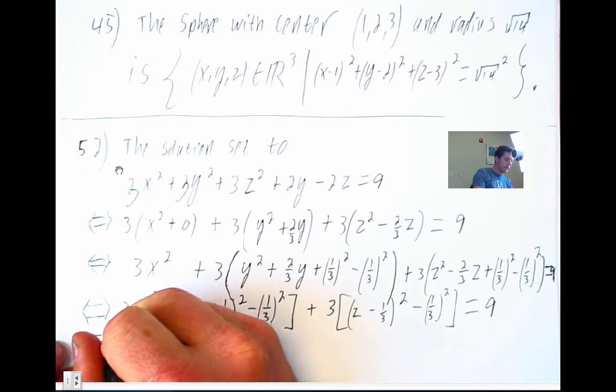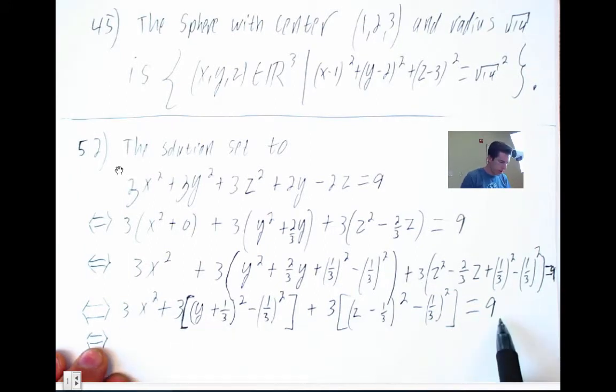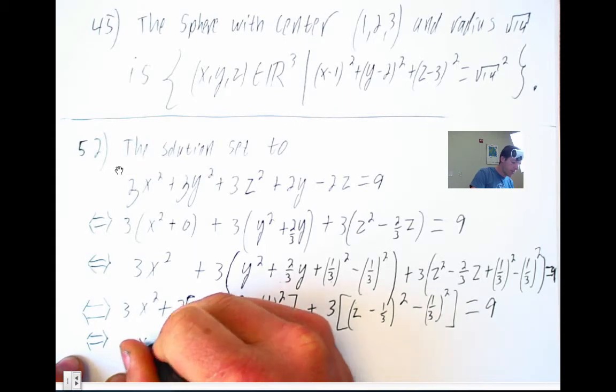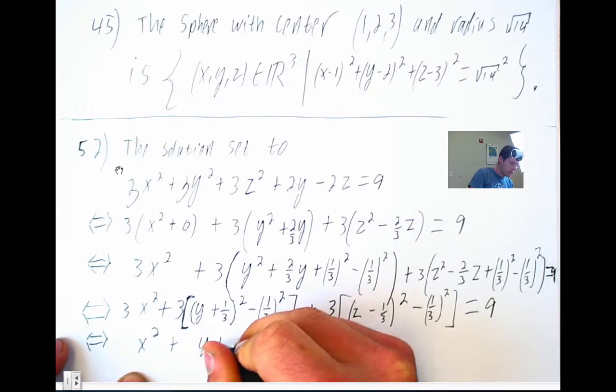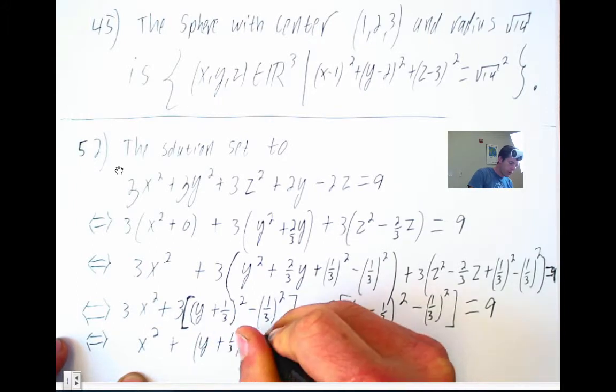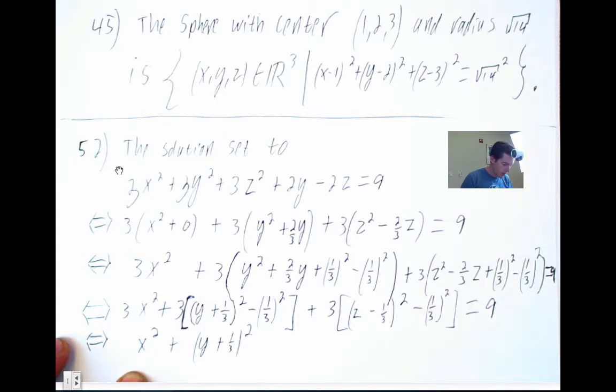And lastly, I'm going to simplify things. You know what, I better divide every term by 3. If I divide every term by 3, I'll get an x squared plus y plus 1/3 squared. I should have divided by 3 way earlier. At any rate, minus 1/3 times 3, so minus 1/3 right there.